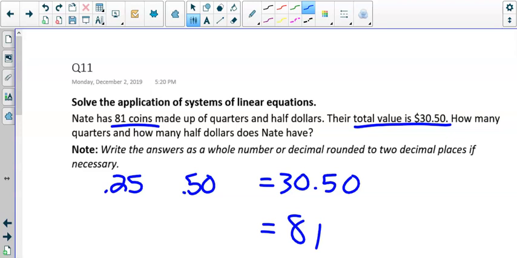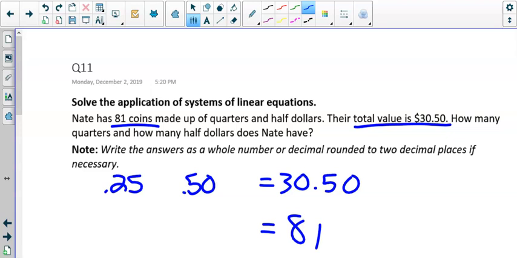Because we are in dollars over here. So 50 cents in terms of dollars is 0.50. 25 cents in terms of dollars is 0.25. Now, I need variables, though. Q and F. F will work, or you can call it H for half dollar, Q for quarter.